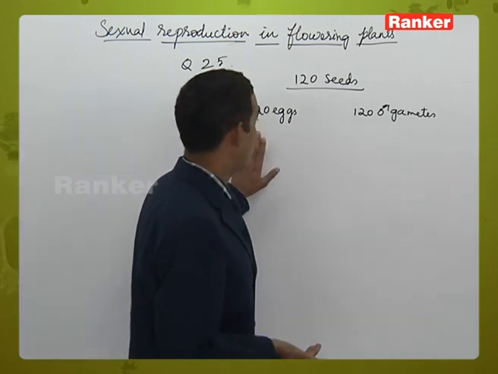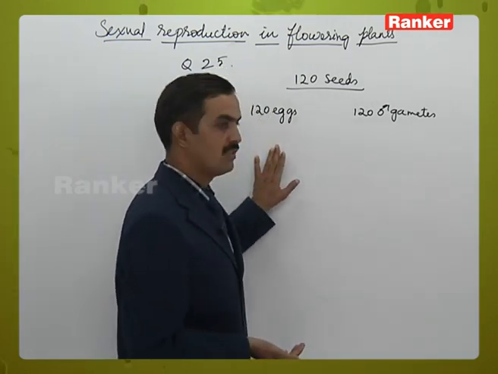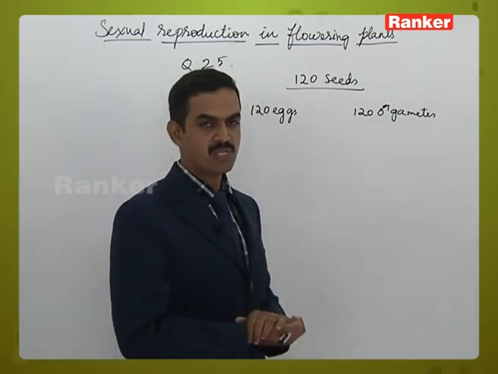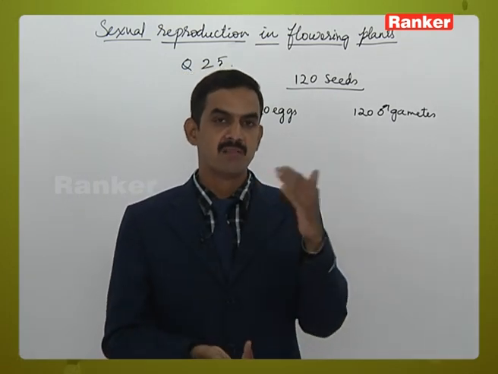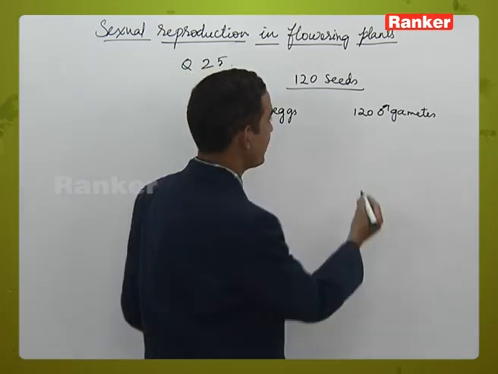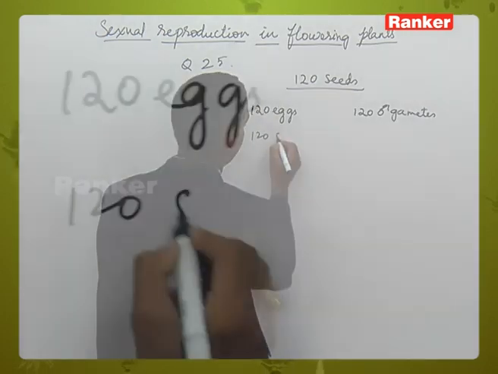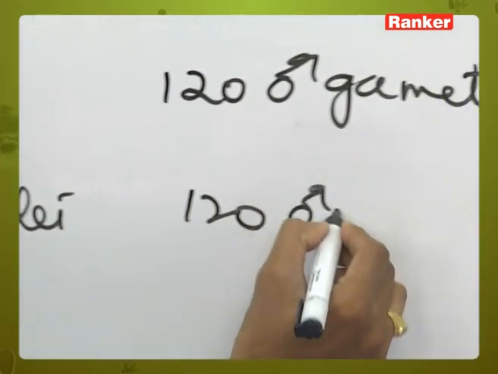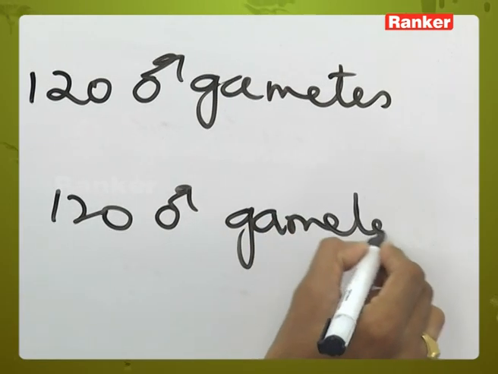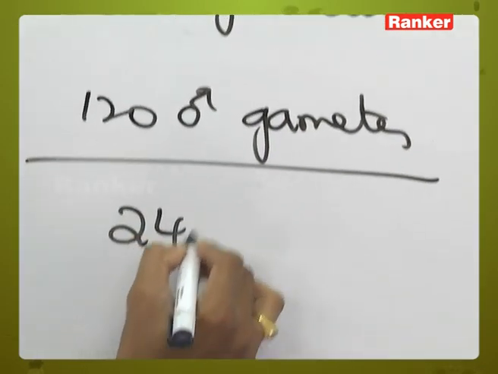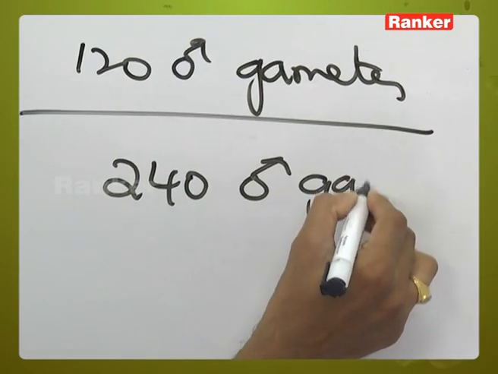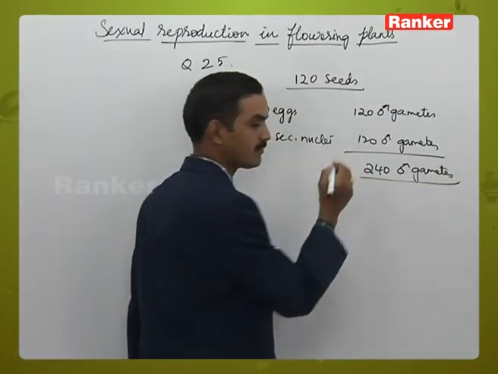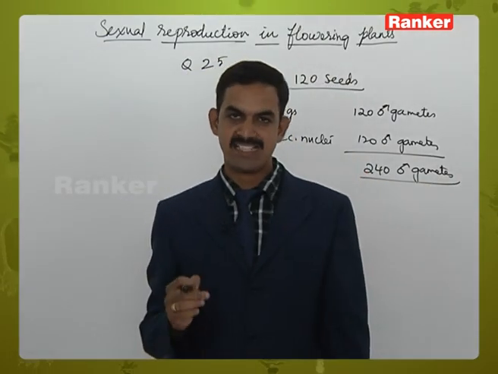That is, 120 secondary nuclei will participate in fusion with 120 other male gametes. That means in total we require 120 male gametes for the triple fusion process. So the total number of male gametes required to produce 120 seeds is 240 male gametes.